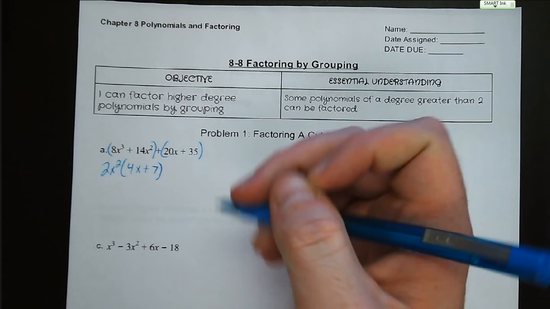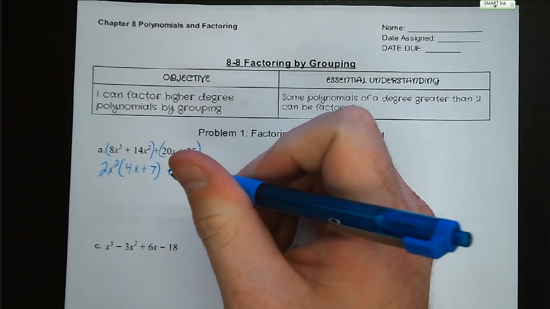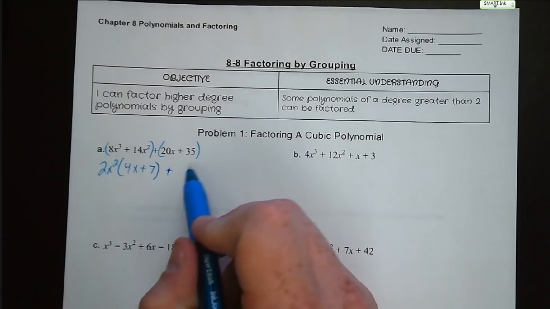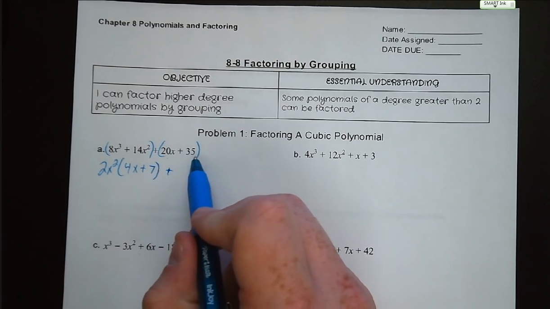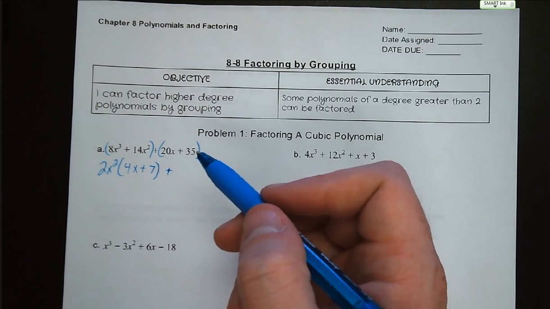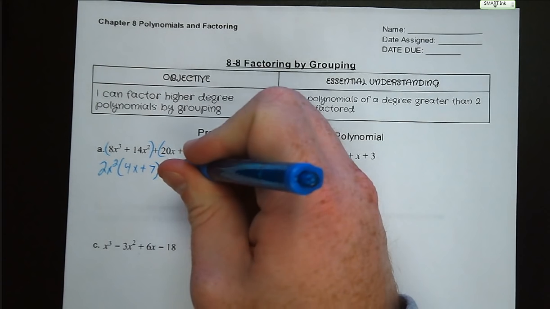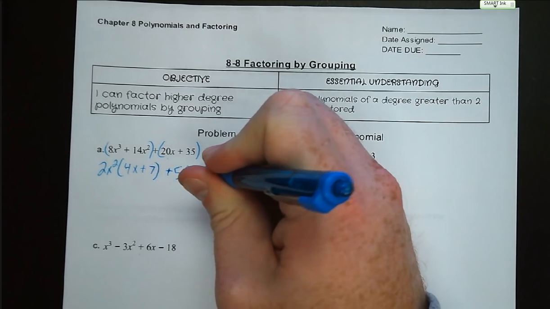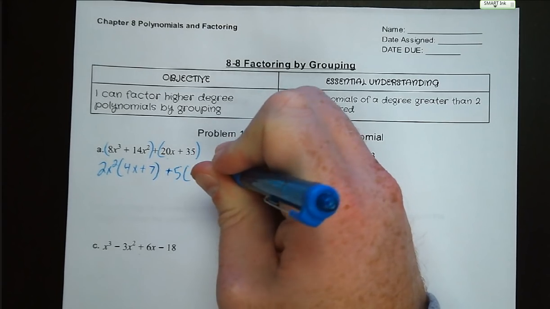We have our plus sign. Now our second set of parentheses, 20x plus 35. What common factor can I pull out of that? They're both divisible by 5, so I can bring out a 5, and I'm left with 4x plus 7.